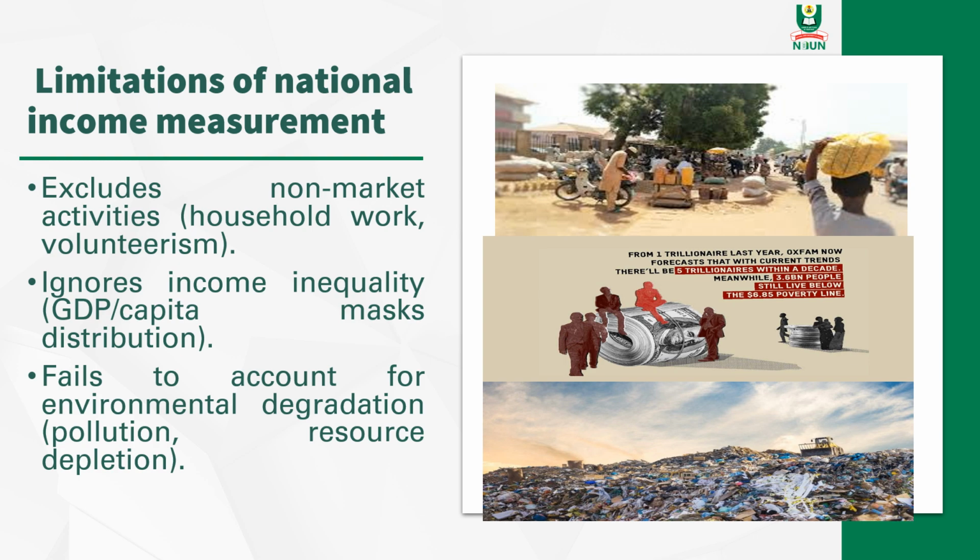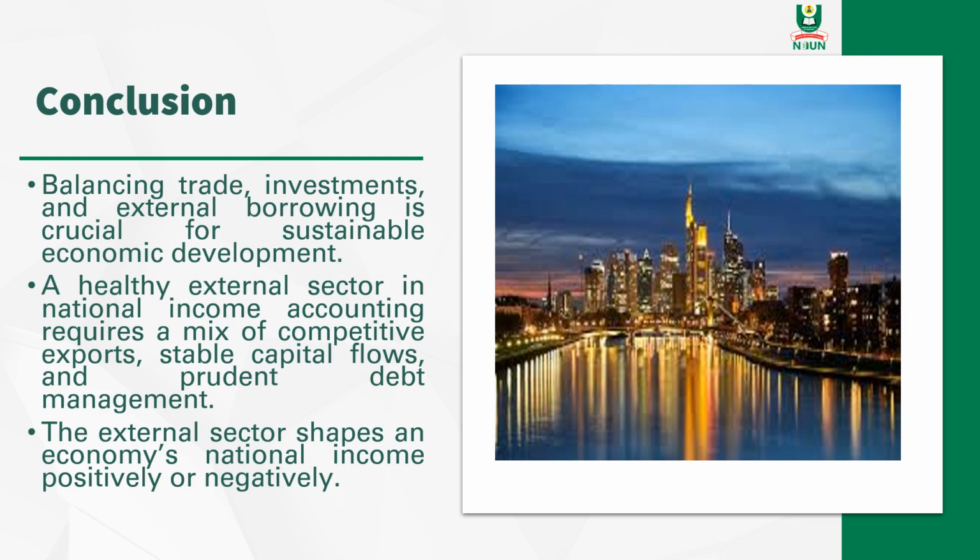Conclusively, balancing trade, investment, and external borrowing is crucial for sustainable economic development. A healthy, prosperous economy must have its external sector in national income accounting, with a mix of competitive exports, a stable capital flow, and prudent debt management. This must be combined for a surplus balance of payments in an economy.